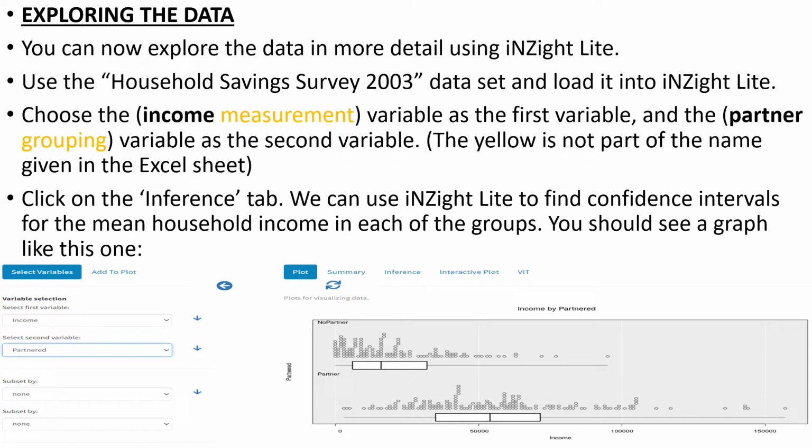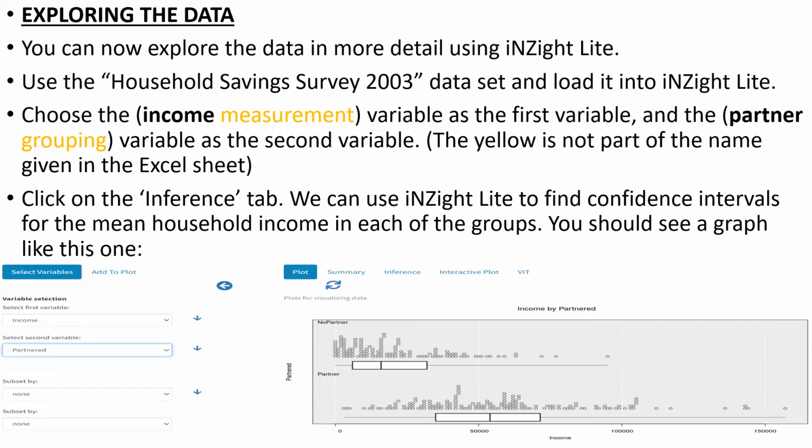I've put yellow here on the slide behind it because that's actually what it was supposed to be, but it's not part of the name given in the Excel sheet. So just use income and partner.